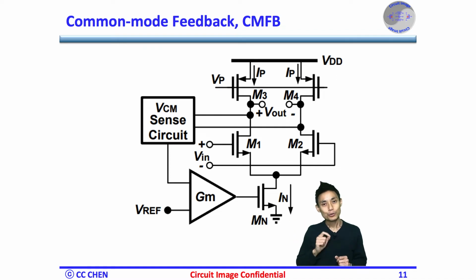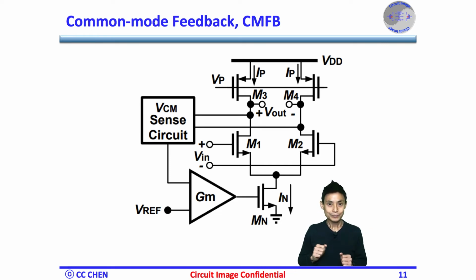As you can see, we could simply sense the output common mode and then compare it to a reference VREF by a comparator, which could be an operational transconductance amplifier, OTA. If the VCM is greater than the VREF, the output voltage of the OTA will be higher to increase the tail current IN, and the output common mode voltage VCM will drop to the VREF.